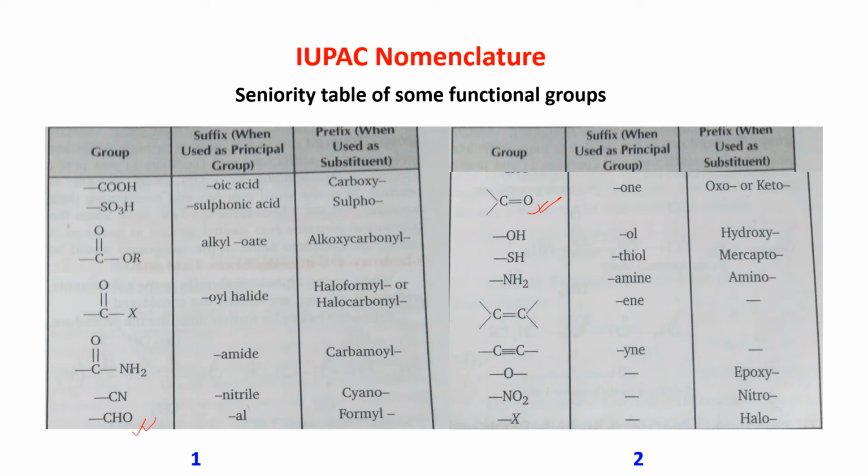And suppose in a compound, aldehyde group CHO and one amino group are present. Among the aldehyde group and the NH2 group, the aldehyde group is the senior one, so this will lead the chain and NH2 will be the substituent. When I show you the example, it will be clear.